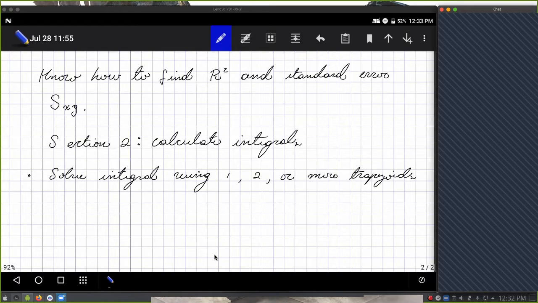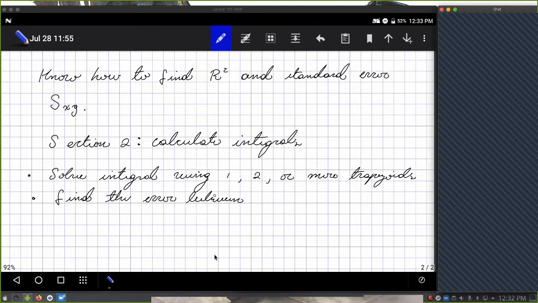So you will solve an integral using a single trapezoid or multiple trapezoids. You have to make sure you know how to do that, using one trapezoid, two trapezoids, or more. Then you have to know how to find the error between trapezoids.